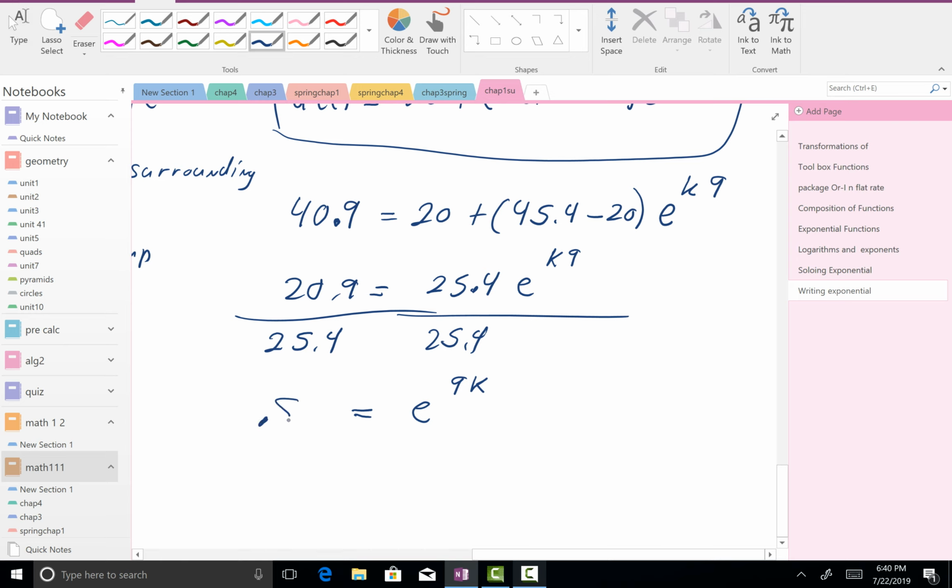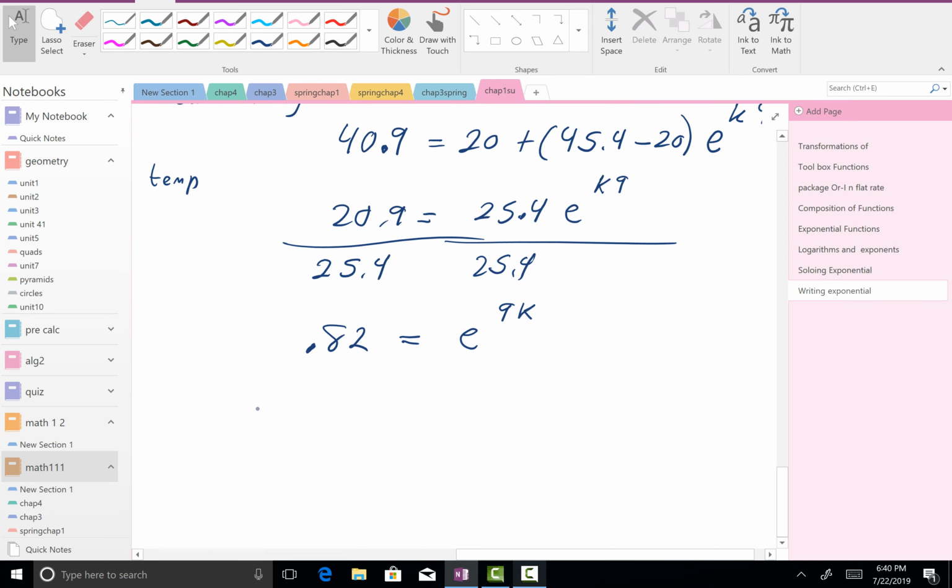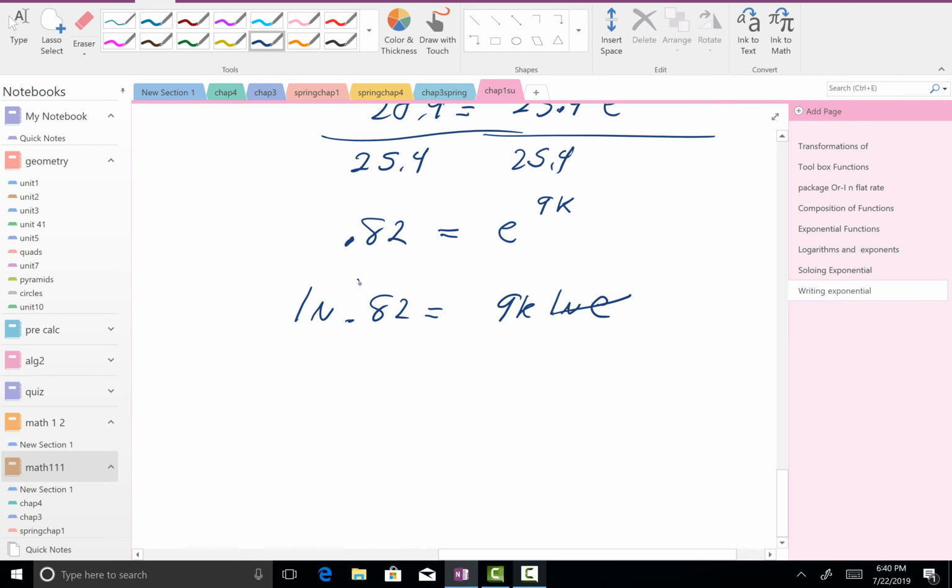0.82? Okay, now we'll natural log everything, because I'm assuming that's what you want to do. Again, you could do it, you can graph it. Okay, there we go.